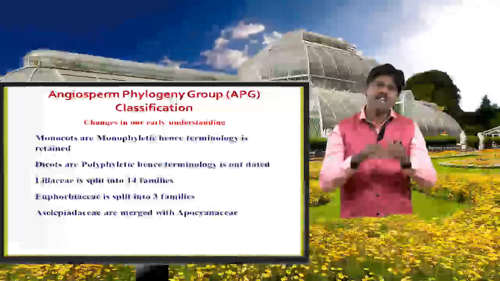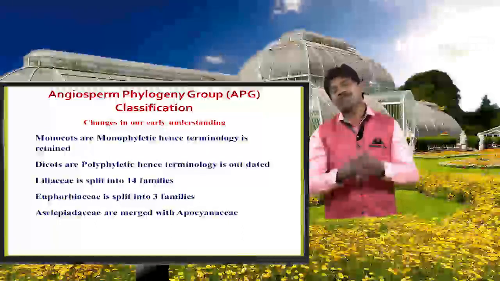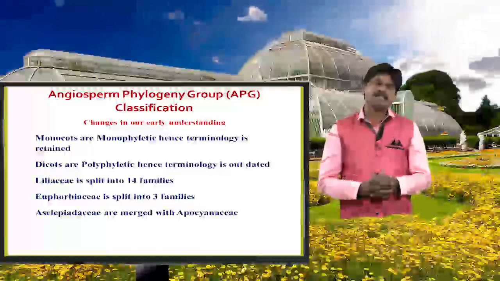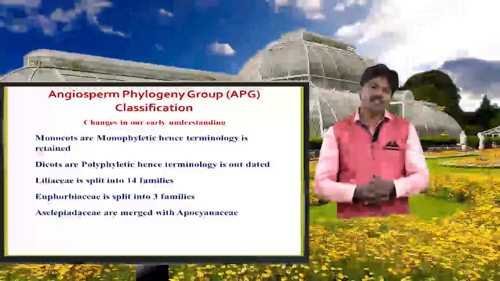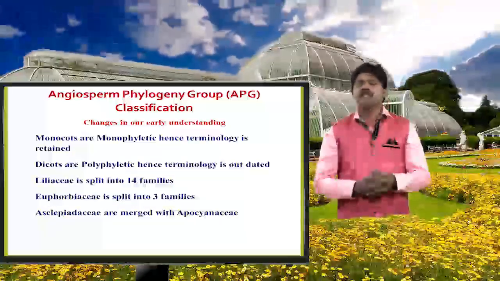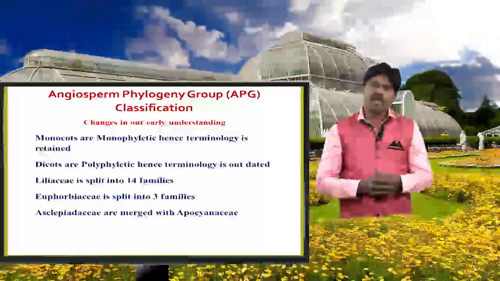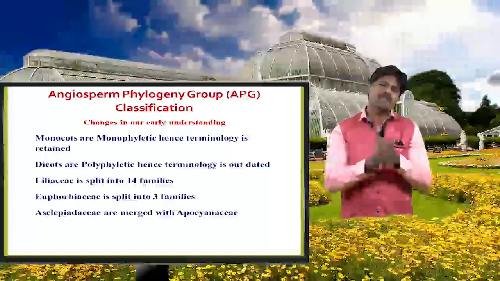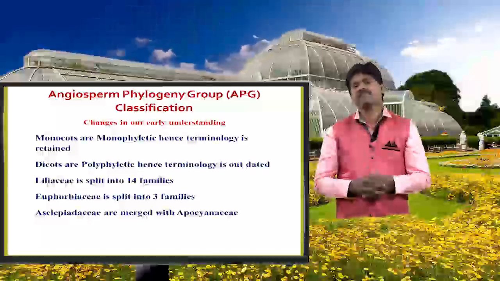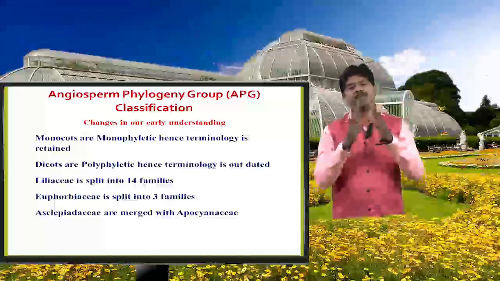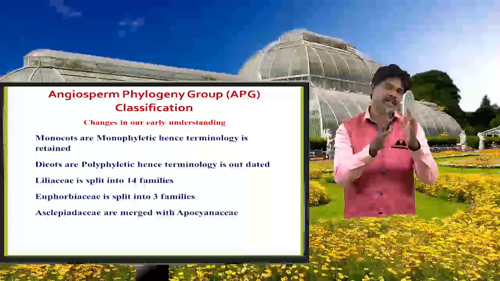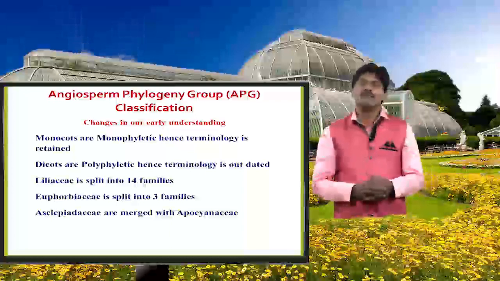With APG, we changed our understanding of the classification of plants. Why has our understanding of taxonomy changed? Because of APG. APG is based on monophyly, so that is why the term monocots is retained. What about dicots? Dicot is polyphyletic. So that is why the term dicot is outdated.